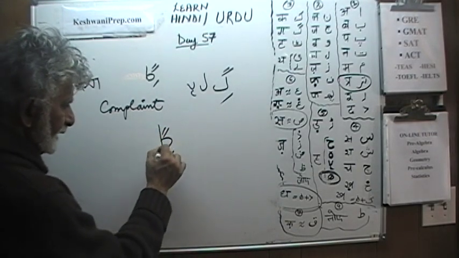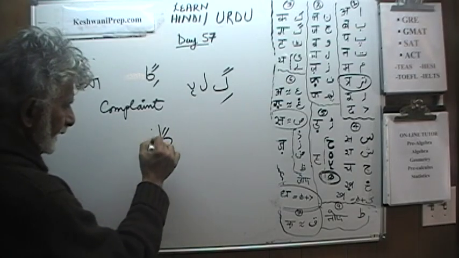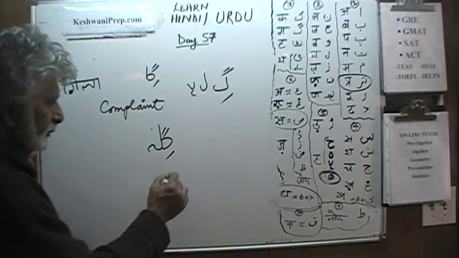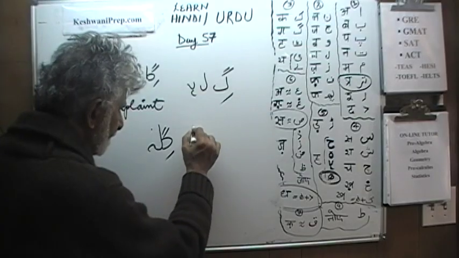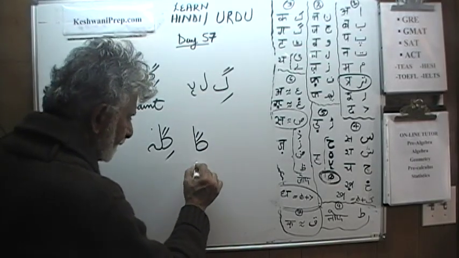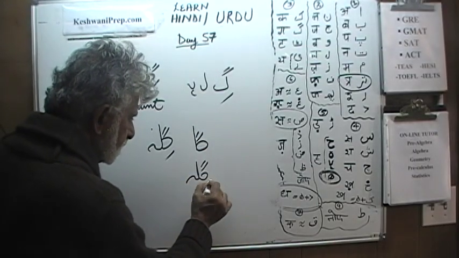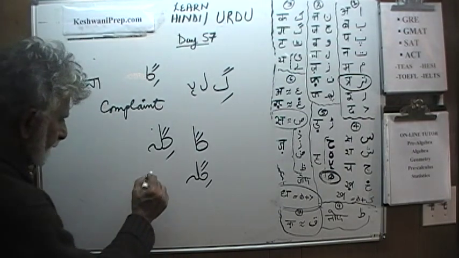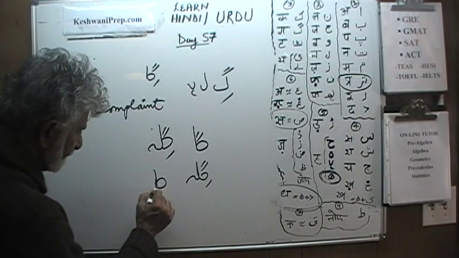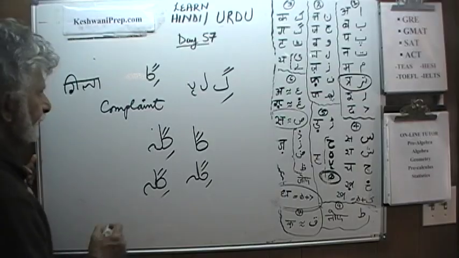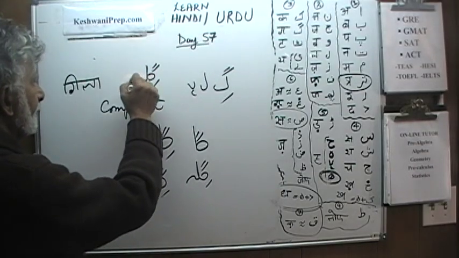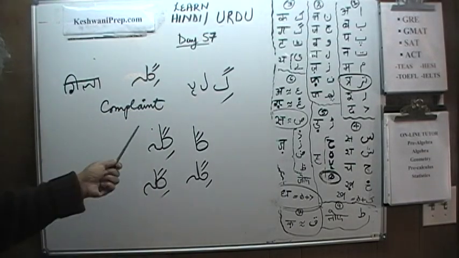To which we join the la and then a ha, gila. But we don't write ga like this first and then join a la. We write it like this. See? The ga and the la sort of start together. Gila. Gila means complaint.